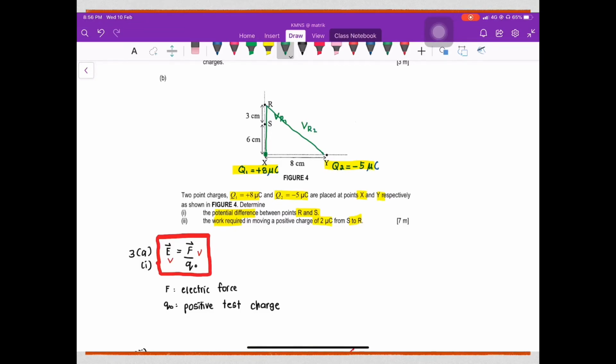Okay, this is distance R1. This is distance R2. Okay, next. Okay, we need to calculate the electric potential at S. So this is VS1 and then this should be VS2. Then this is R1, this is R2.